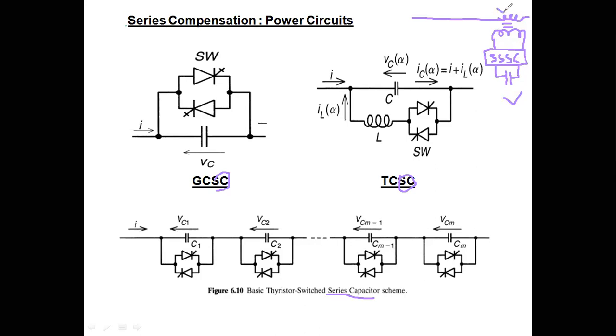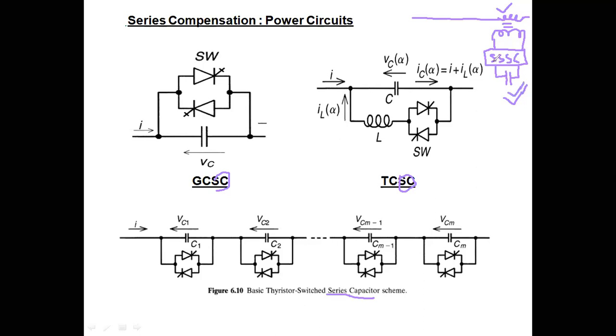This is converter based, and if you see the classification of series controllers, this is the switched converter type, while the others are variable impedance type. You can see that all three, GCSC, TSSC and TCSC, come under variable impedance type series FACTS controllers, and this is the switched converter type analogous to STATCOM.